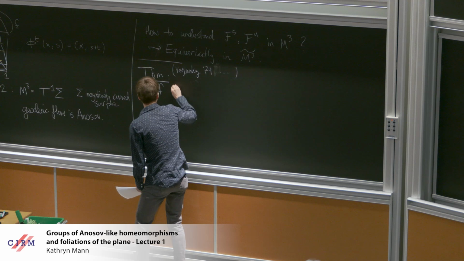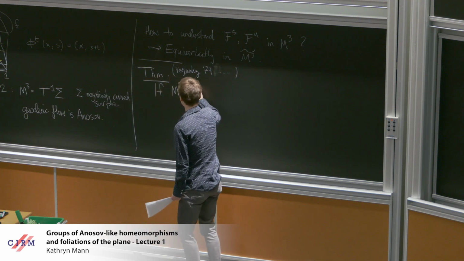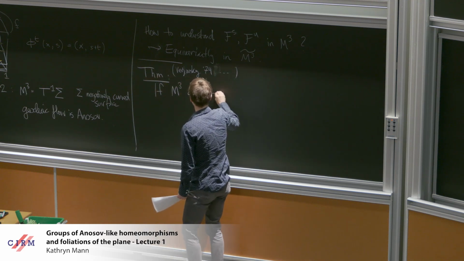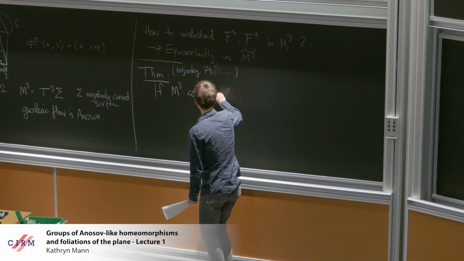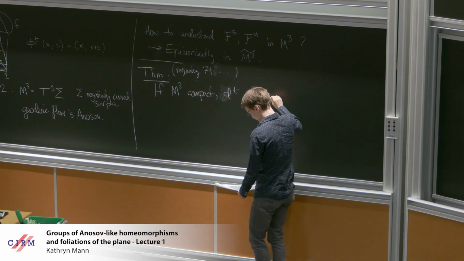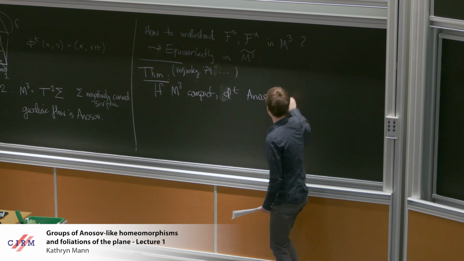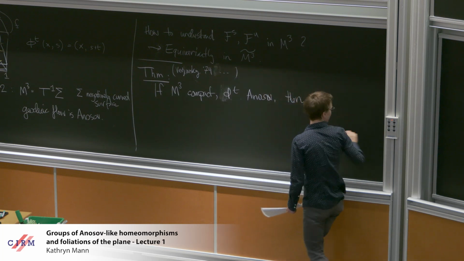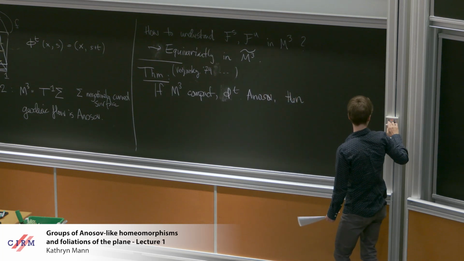So if I have a compact three manifold, and I have an Anosov flow on it, then many nice things happen in the universal cover.